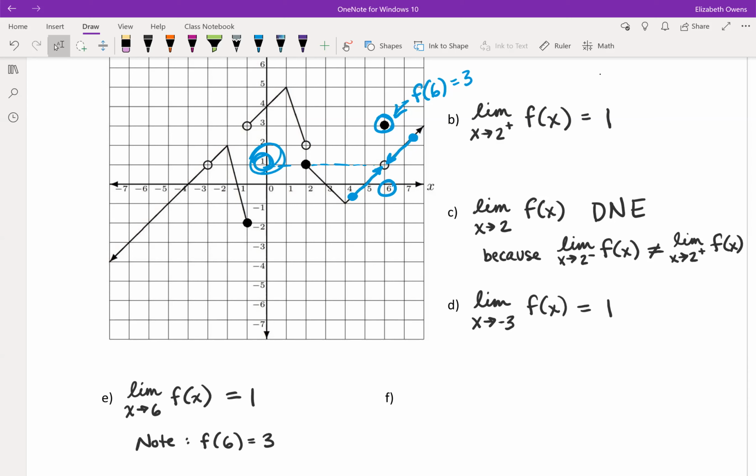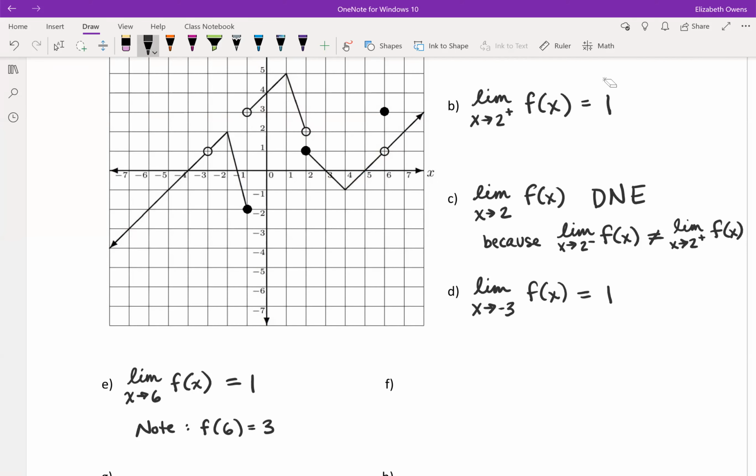So let's look at another one here. You have interesting spots to look at on this graph. Let's look now at the limit as x approaches -1 from the left of f of x. All right, so we've got two different minus signs in this notation meaning different things. So x is approaching -1, so that minus is just for the negative value. And then this little minus up here is from the left. So x approaches -1 from the left.